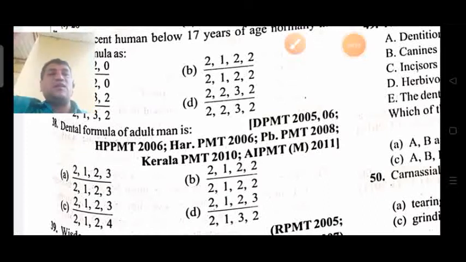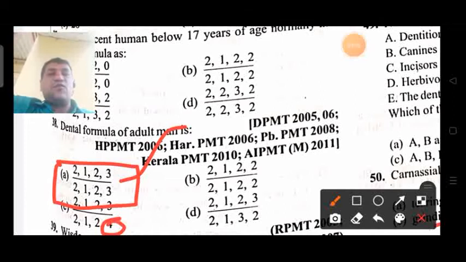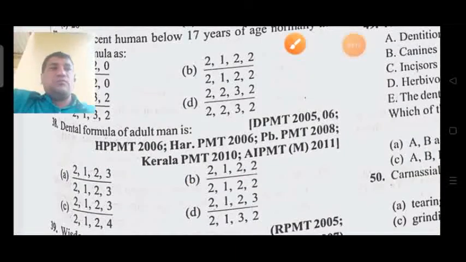You can see that there is a gap between these, so this can be the answer. But here you can see that 4 is there, so it is wrong. Here 2 2 only, so wrong. 3 2 only, so wrong. Only this is the right answer. A is the right answer for this question.